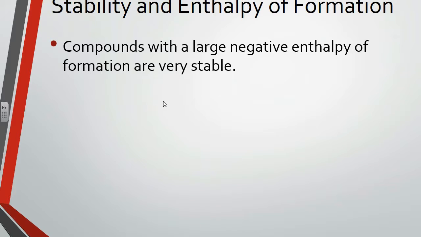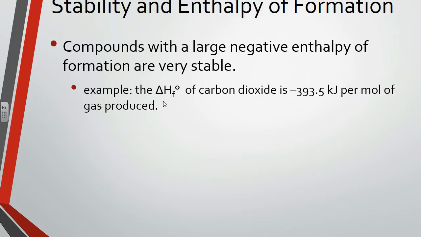So that means the new compound, water, is now more stable than the original elements were, right? So if you have a large negative enthalpy of formation, that means this new compound is going to be really stable compared to what its original elements were. Okay, so big negative numbers means that you're going to get a much more stable compound than you had when you started.